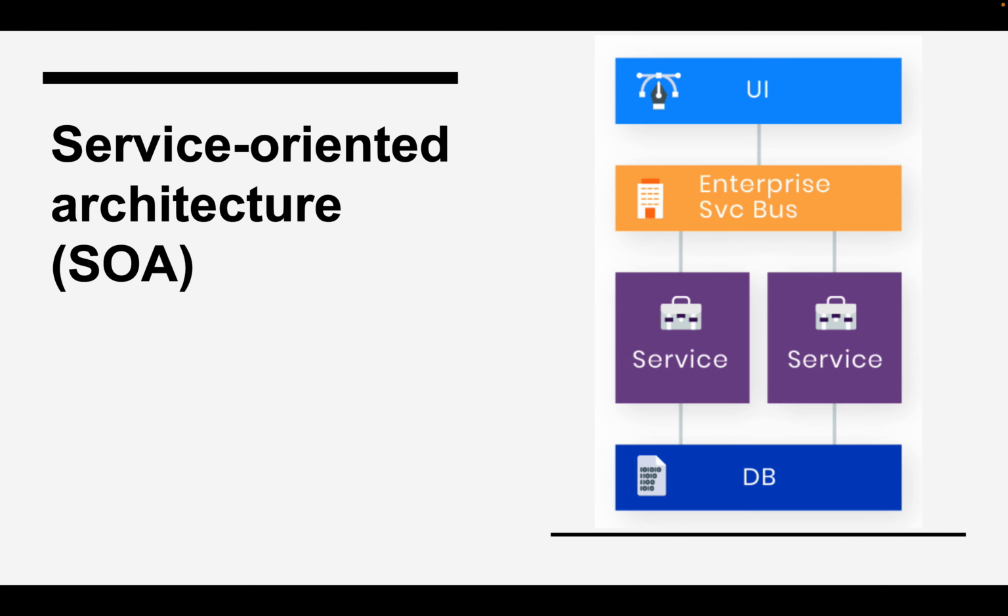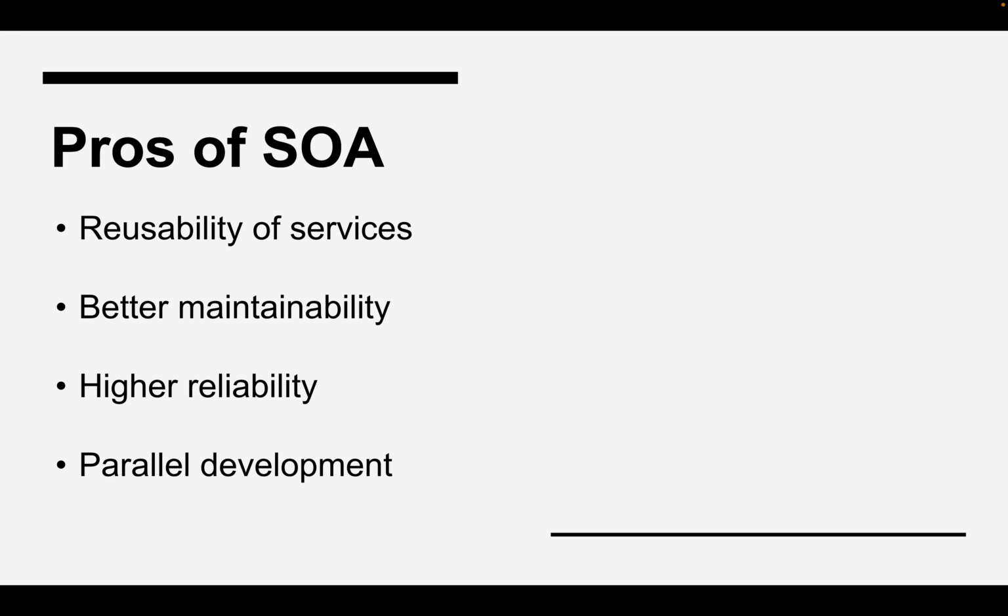Instead, they receive messages from the enterprise service bus, and they react to those messages, doing the business logic, probably persisting some state to the database, and also emit new events after they're done processing the previous message. So this architecture also has its own pros and cons, of course.